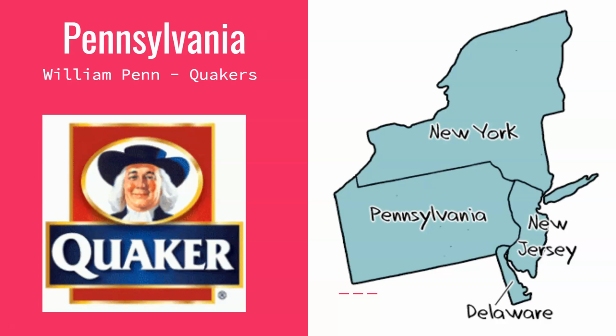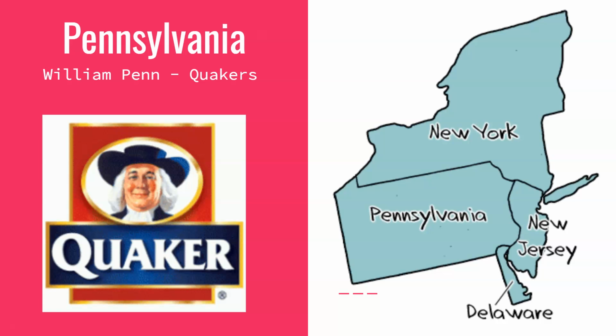He was a Quaker. Quaker is a religion, and the Quakers are unique because in the Quaker faith, there is no clergy. There's not a priest or a pastor or a reverend. What happens is the Quakers will meet together and they'll just sit silently until someone's inspired by God to stand up and talk. All right, so Quakers are really unique, and Pennsylvania was supposed to be a safe haven for the Quakers.